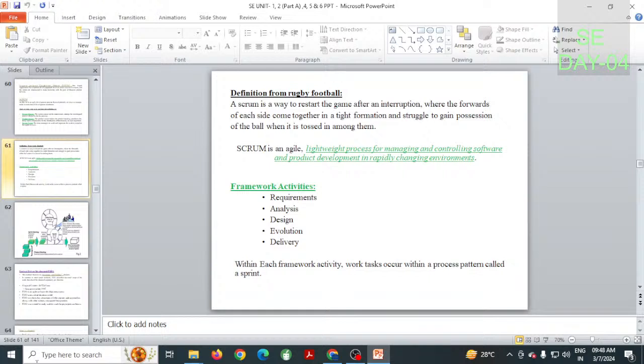Within every framework activity, the work tasks occur within a process pattern called a sprint. It is one of the important definitions.